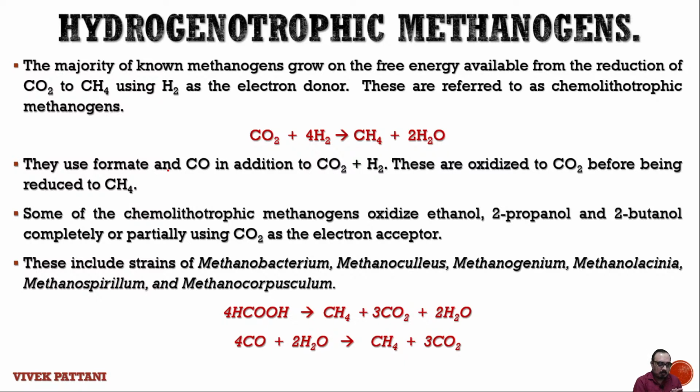As the name itself says, they are going to use hydrogen. You can clearly see in this reaction that the majority of the methanogens grow on the free energy available from the reduction of carbon dioxide to methane using hydrogen as an electron donor.